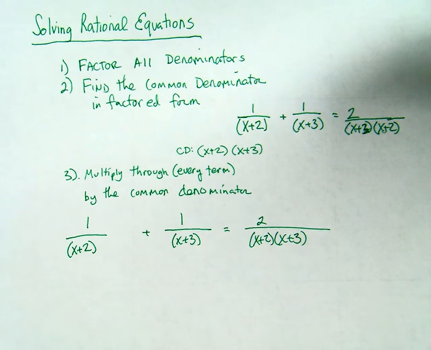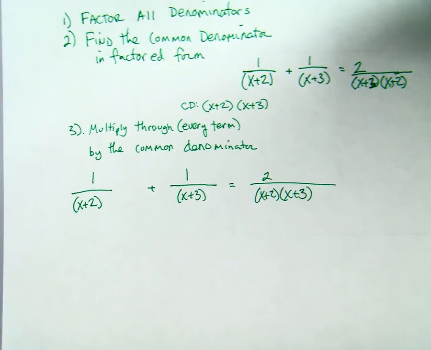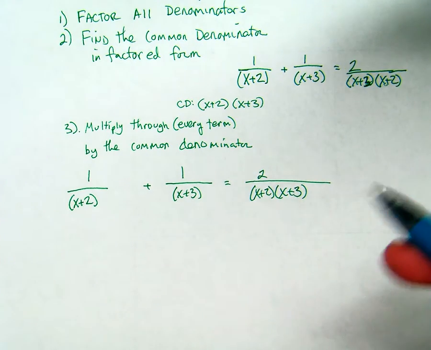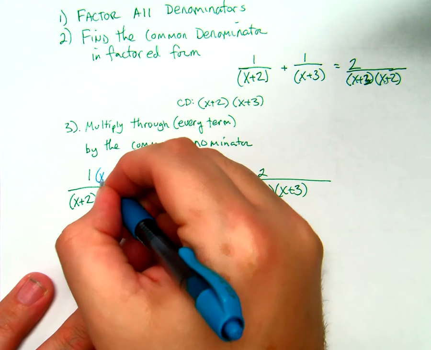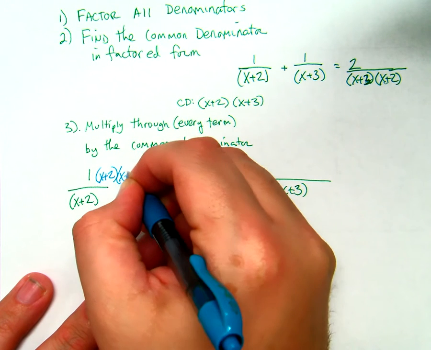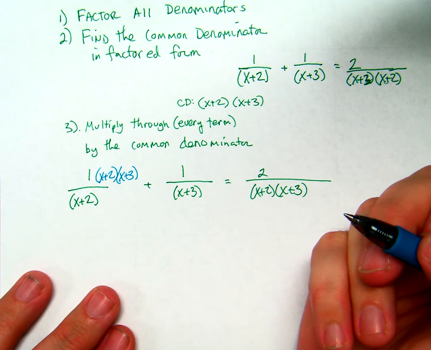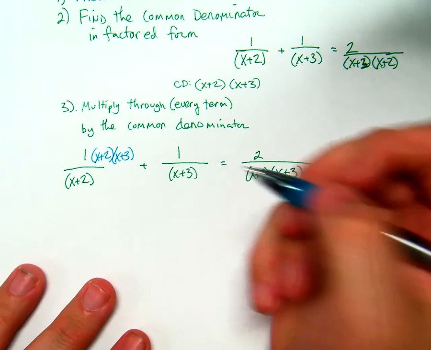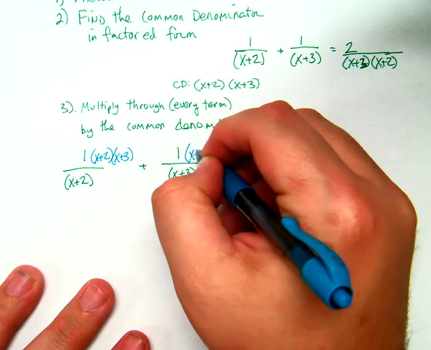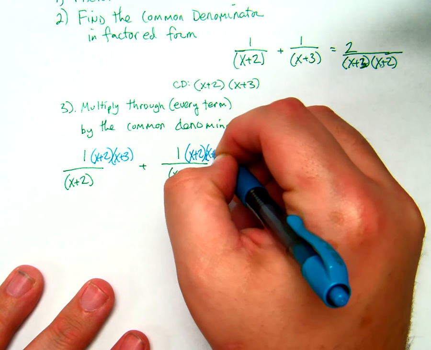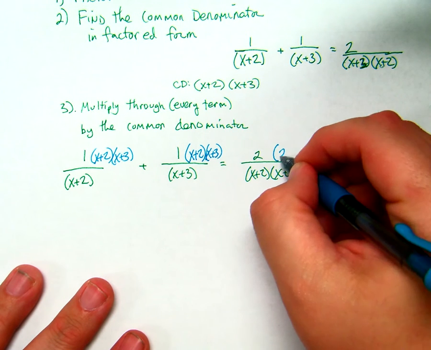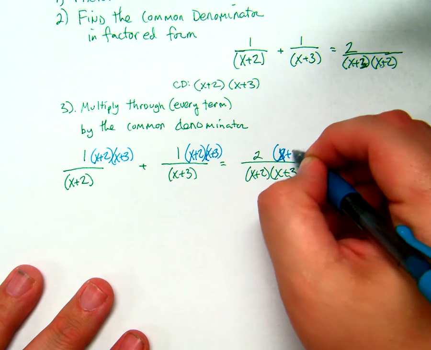So I'm going to move this up a little bit. Now, what was my common denominator? x plus 2 times x plus 3. So I'm going to multiply the first one by x plus 2 times x plus 3, the second one, x plus 2 times x plus 3, and the third one times x plus 2 times x plus 3.